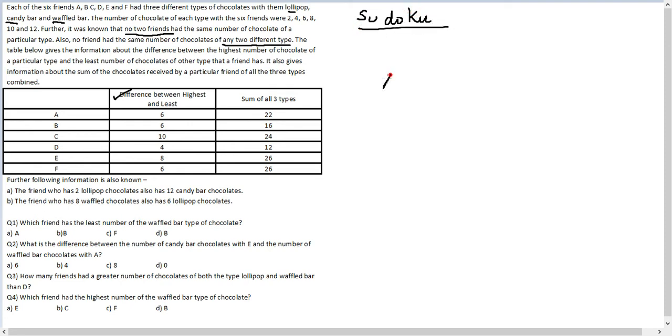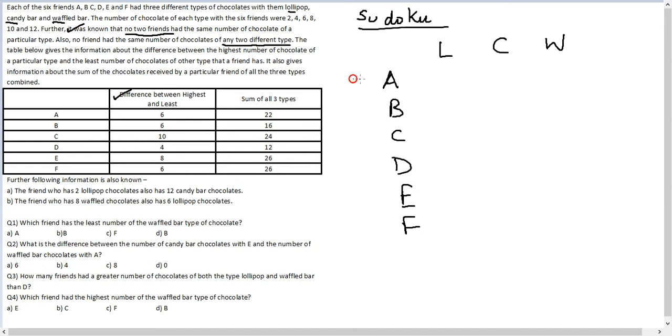Let's write down. I have A, B, C, D, E and F. These are the 6 friends. The chocolates that they can have are lollipop, candy bar and waffled bar. Because of this line, no two friends have the same number of chocolates of a particular type.